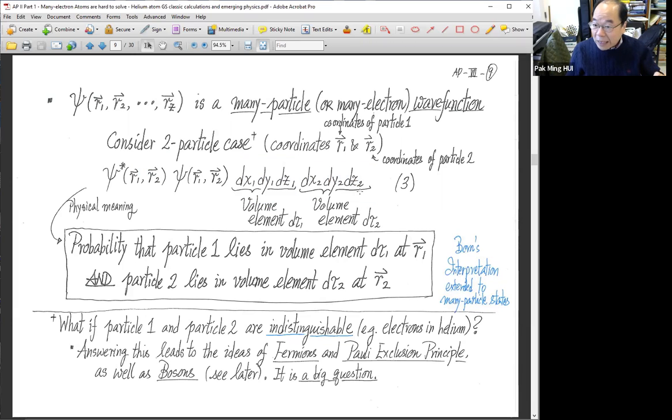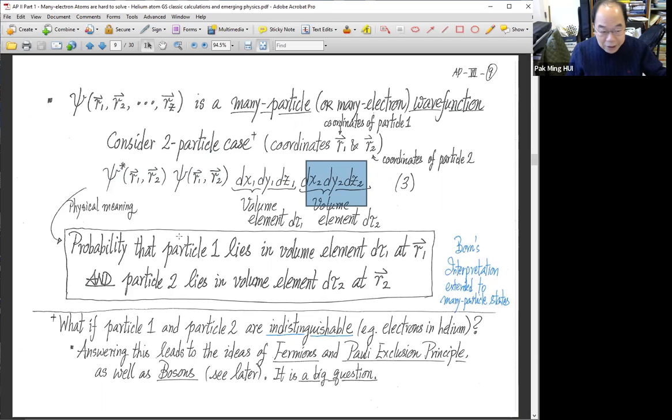So the physical meaning or interpretation of this wave function is as follows. Psi square, times 2 volume elements, d tau 1, d tau 2, has the following interpretation in quantum mechanics.